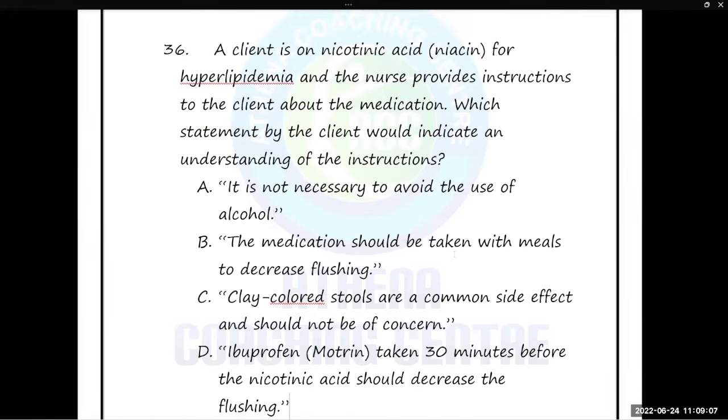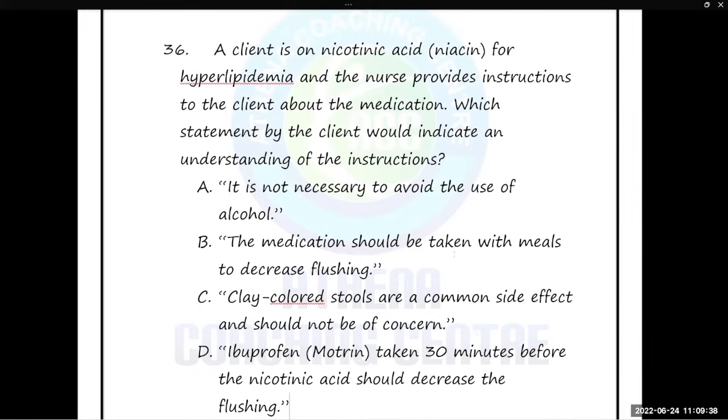And again, there are certain medications that alter the absorption of medications, for example, NSAIDs, allopurinol, aspirin. So these medications alter the absorption of the medication.